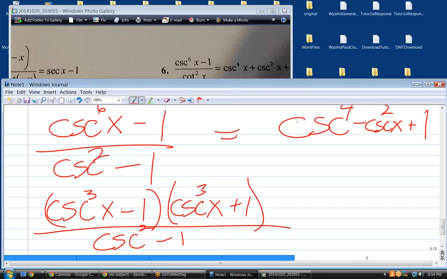Well, what is... We have the sum of cubes and we have the difference of cubes. That'll work.